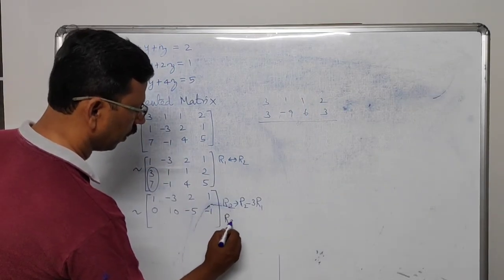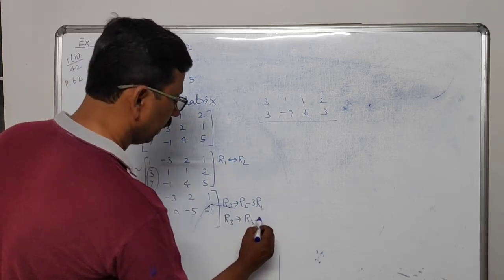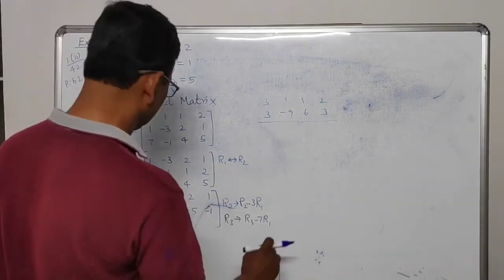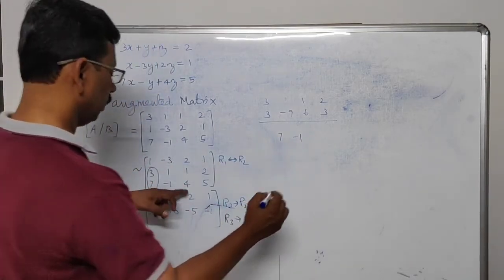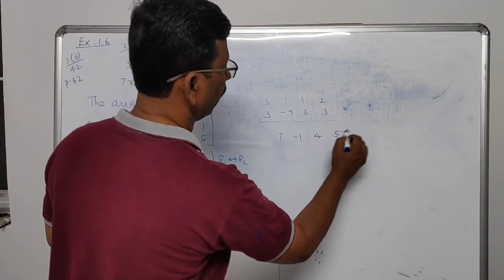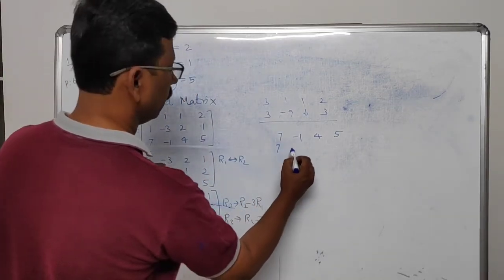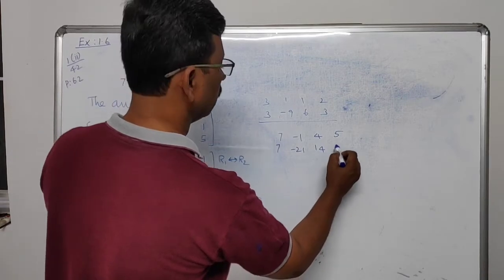Then we can go for R3. R3 means R3 minus 7 times R1. This R3 means 7, minus 1, 4, 5. Then 7 times R1 is 7, then minus 21, then 14, then 7.